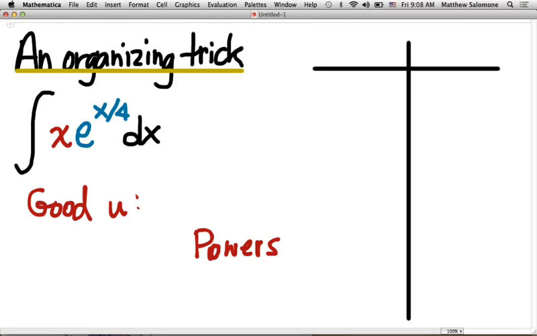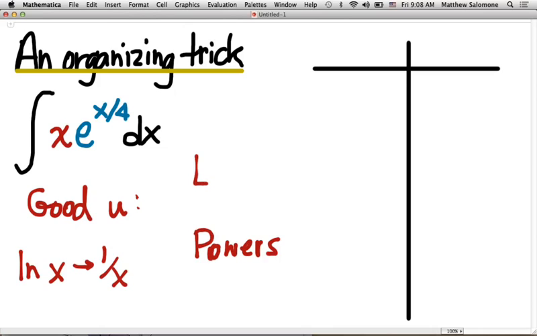Other good choices for u are functions which change their stripes to something simpler when you take their derivative. For instance, what's the derivative of natural log of x? 1 over x. And if our choice is between taking an integral with natural log of x in it or taking an integral with 1 over x in it, which one's easier? 1 over x is a lot easier to deal with than natural log of x is, because it becomes a power of x.